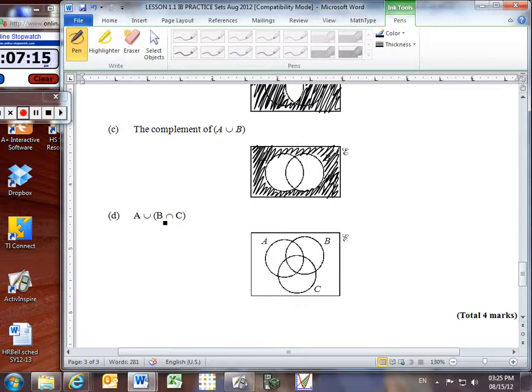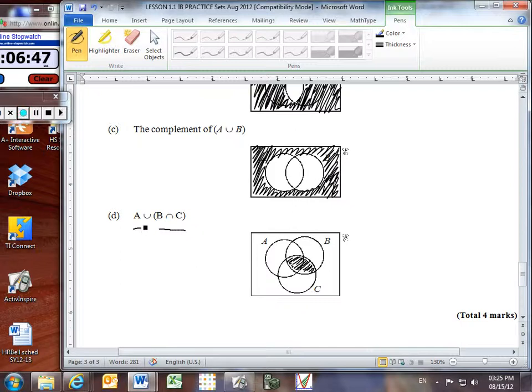Let's first shade B intersection C. So the region that is inside B and C at the same time. So what part is inside circle B and inside circle C? It's this stuff, isn't it? There. That's the shaded region inside B and C. So I've now shaded this second part of the problem.